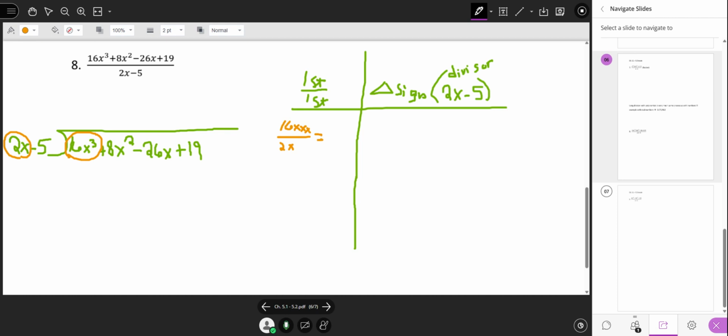When you do this, 16 divided by 2 is 8. X x x divided by x is x squared. Put that over a like term. Now, normally they won't match. Change the sign.